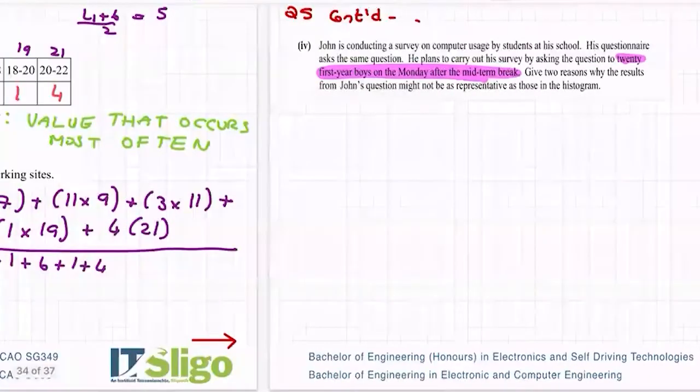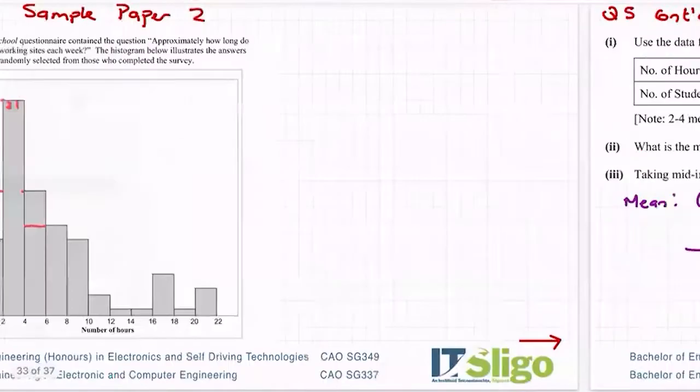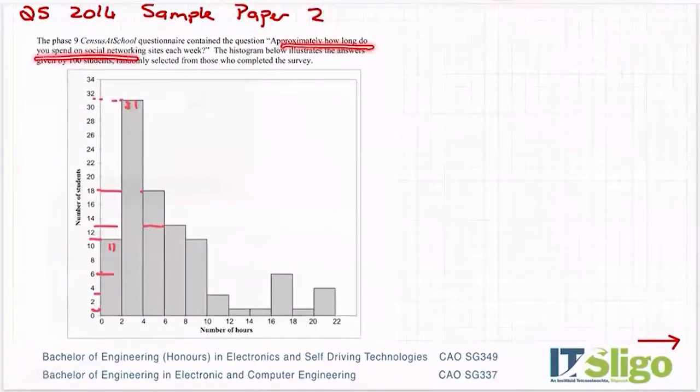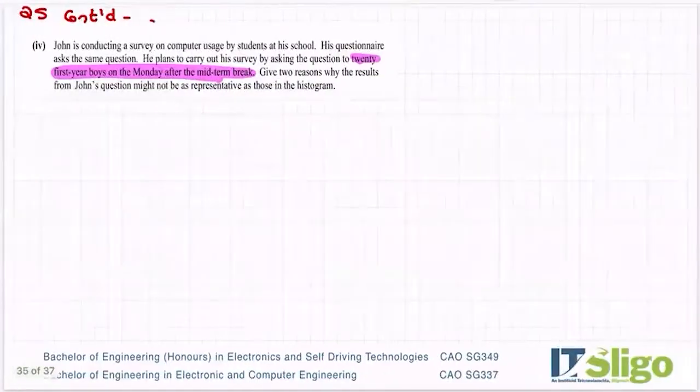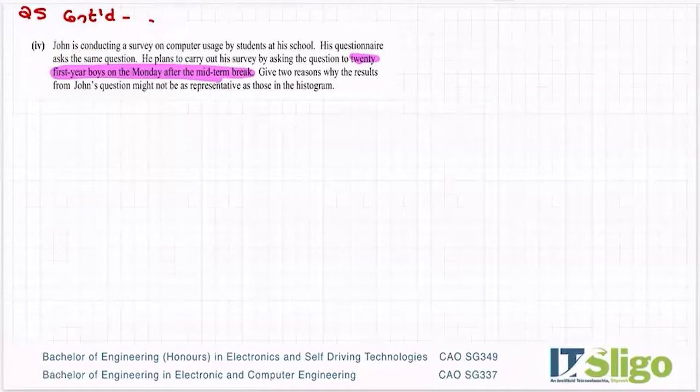Okay, so let me go back to see what that question was again. Approximately how long do you spend on social networking sites each week? Okay, so that was the survey question. And John is going to ask that same survey question now again, except he is only asking it to 20 first-year boys. And he's asking the question on the Monday after the midterm break.